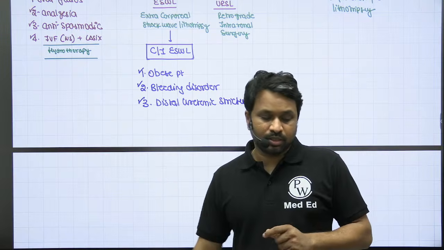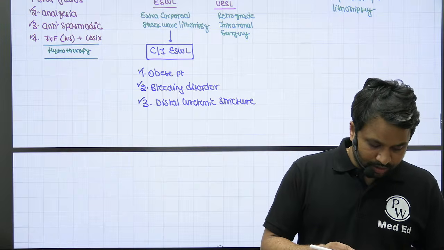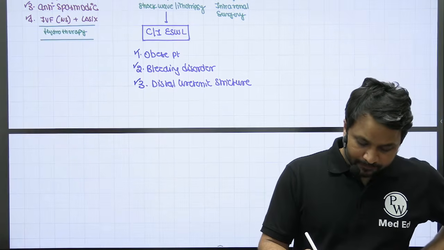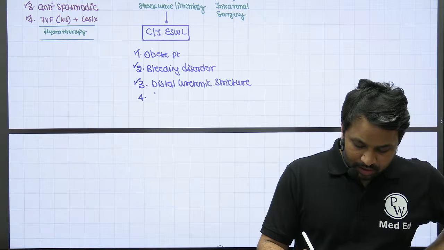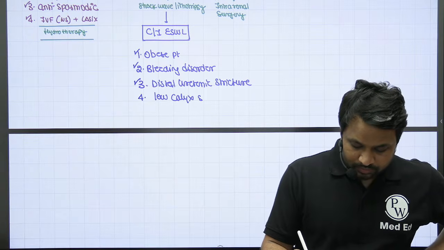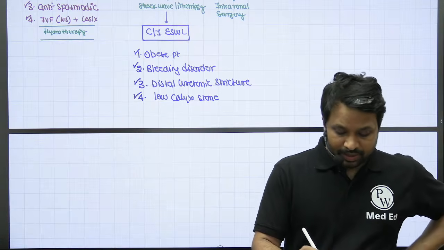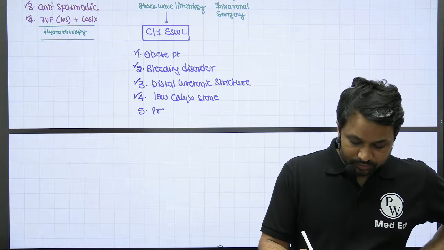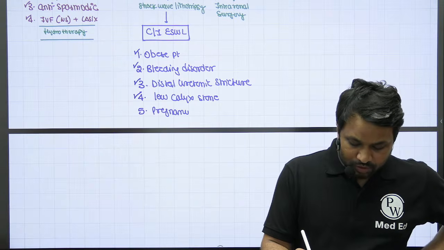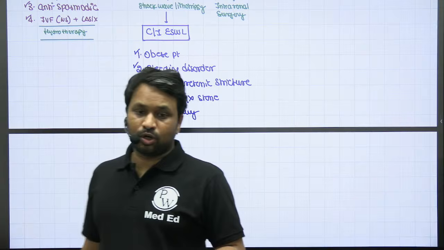So obese, bleeding disorder, distal ureteric stricture. If there is a low calyx stone, which cannot be extracted with ESWL alone. Okay. And pregnancy, of course. In pregnancy, shock waves are contraindicated. So these are the conditions where you will not do ESWL.